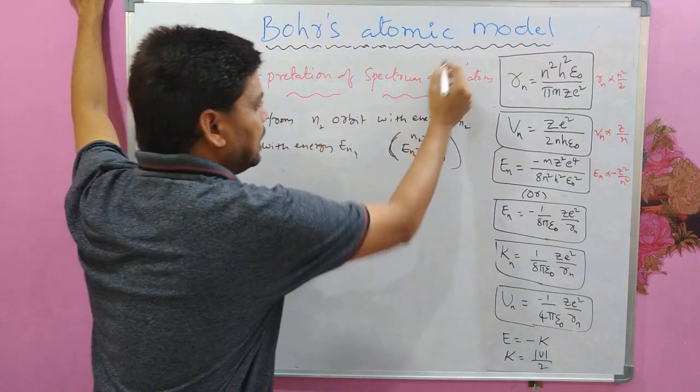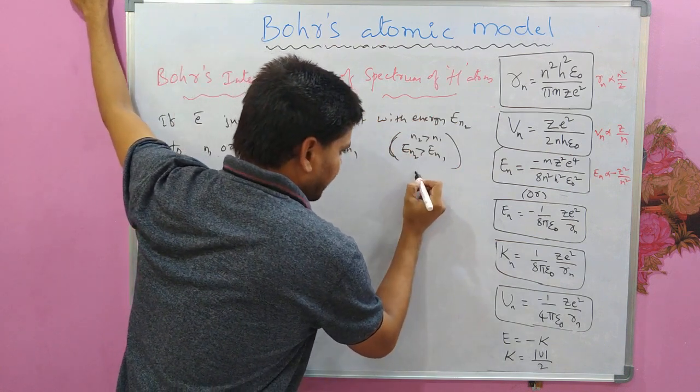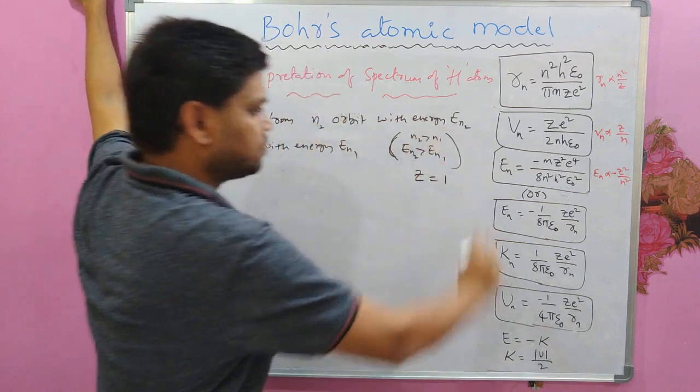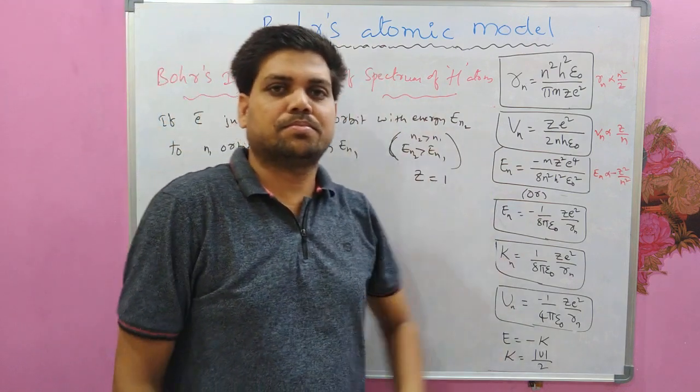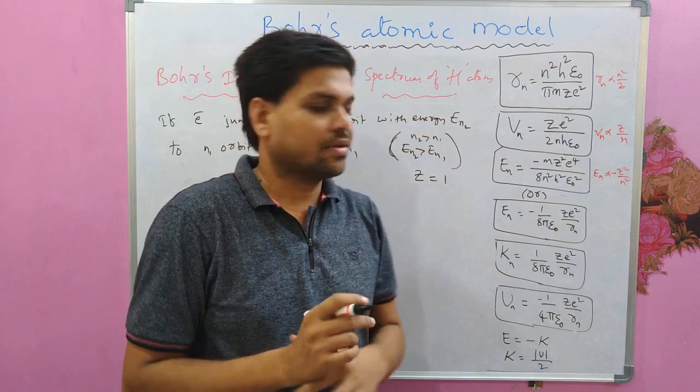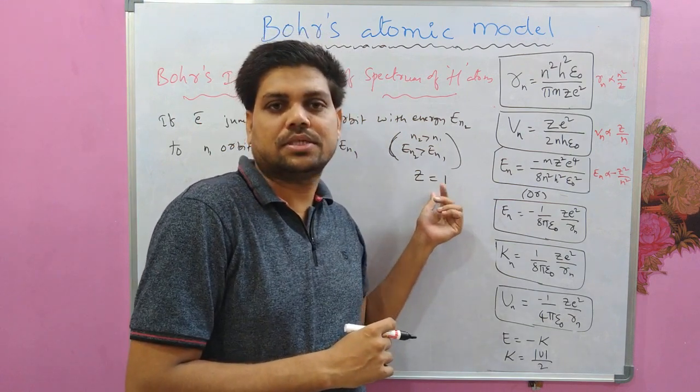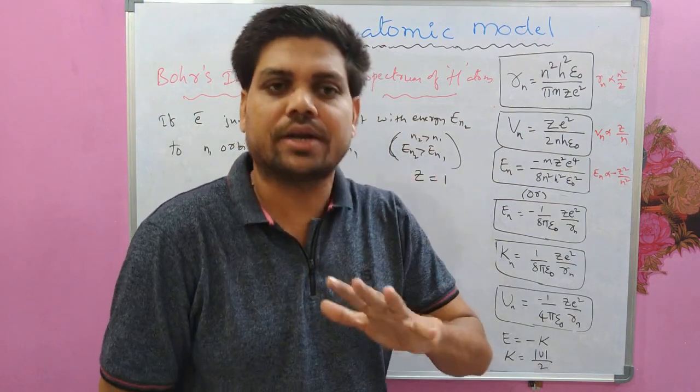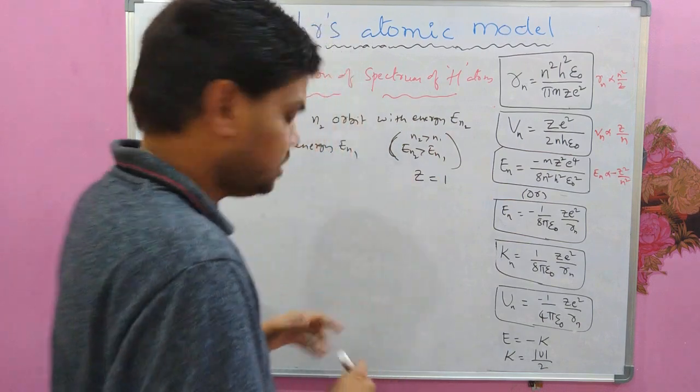And remember, we are dealing with the hydrogen atom. So for the hydrogen atom, Z equal to 1. One proton, a one electron atom, Z equal to 1.